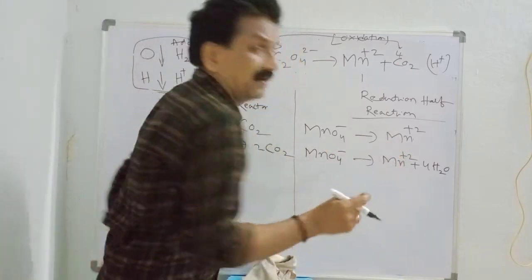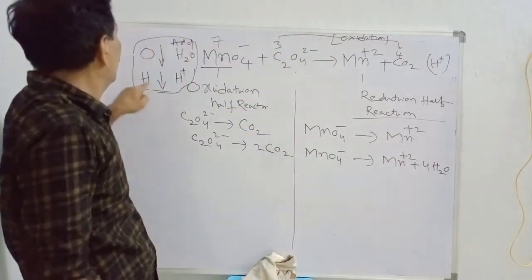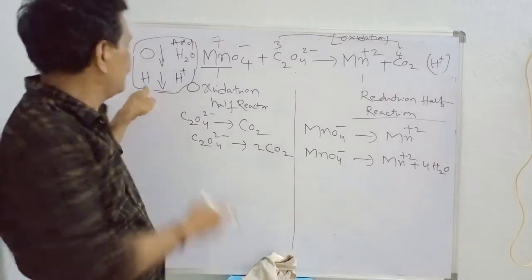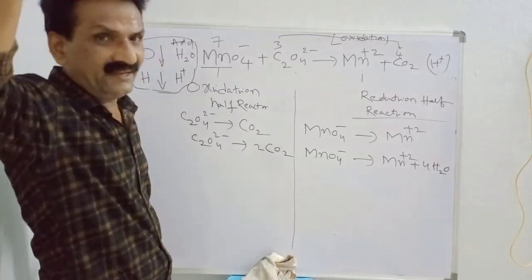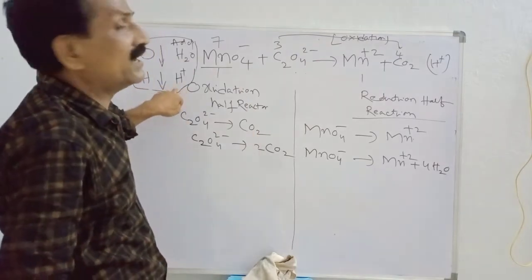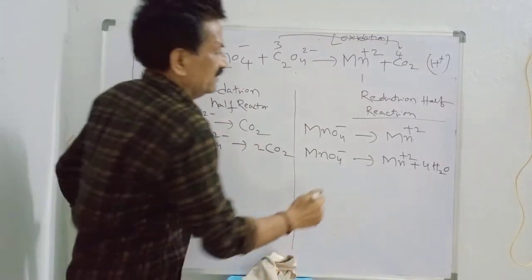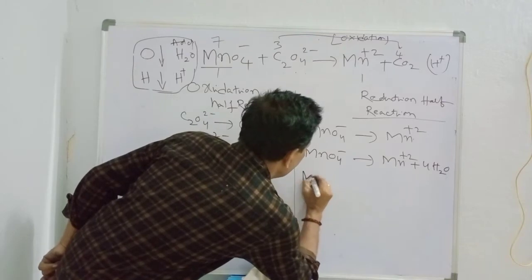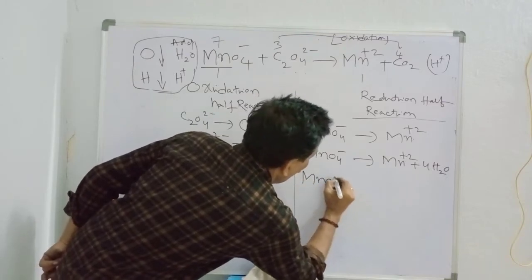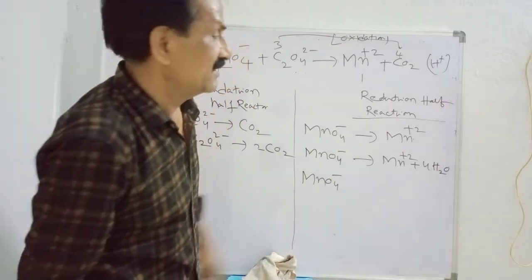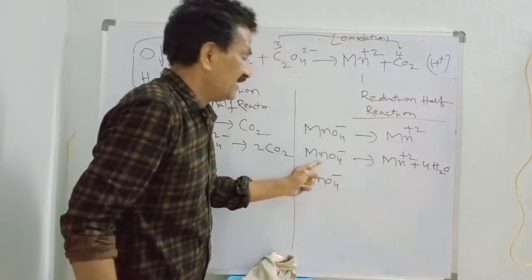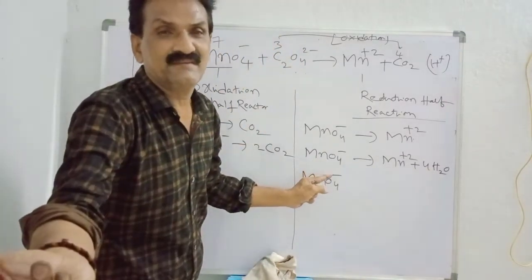Here again, as you have discussed, where hydrogens are less, the arrow mark I have drawn downside indicates that we have to add H plus. So MnO4 minus, 4 into 2, 8H, this side 8H, left hand there is no hydrogen.